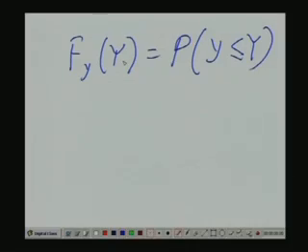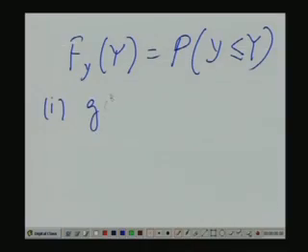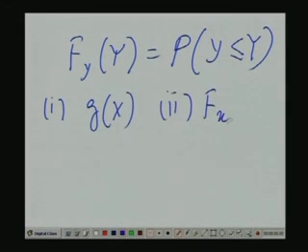This is very standard; this is the probability distribution of the random variable y. Now, we have to find it given the function g and the probability distribution of x. We are given these two things, this function g and this distribution.